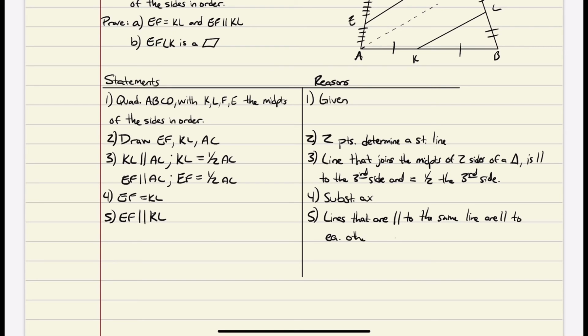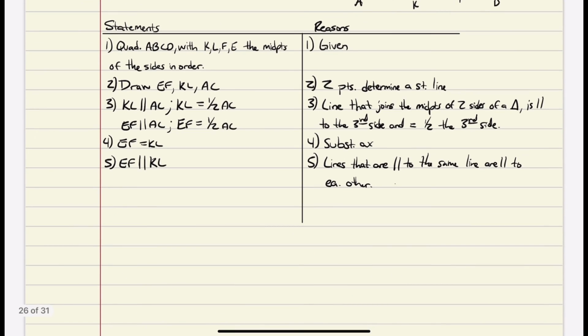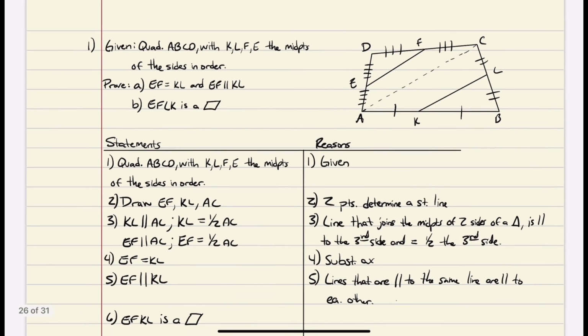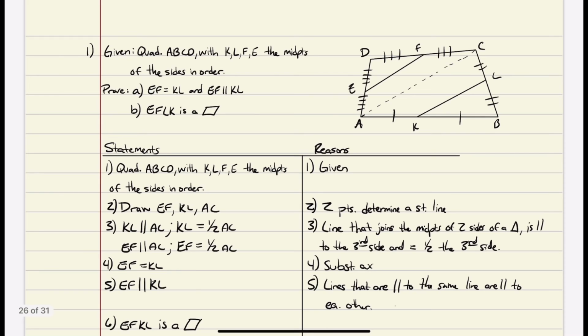Number 6, we can now state that EFKL is a parallelogram. And if you wanted to make this a longer proof, I don't know who in their right mind wants to make things a longer proof, but we could have stated draw EK and FL to actually make that quadrilateral that we're looking for.